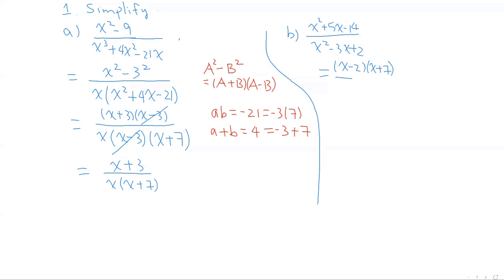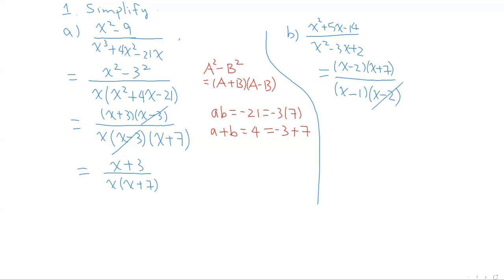And very similarly, for the bottom you have the product of two numbers equal to positive 2. So either positive 1 times positive 2 or negative 1 times negative 2, right? So you have x, and both are negative, and the sum of them is negative 3.